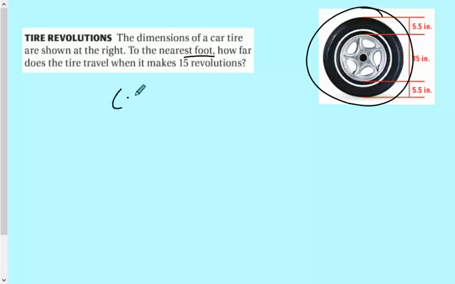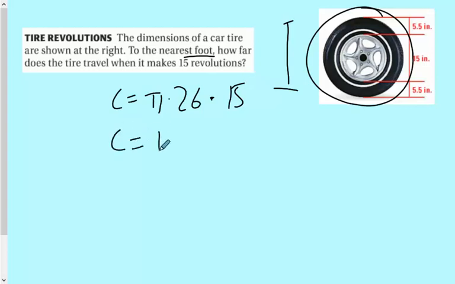Circumference equals pi times the diameter, and if I add up those lengths, the diameter is 11 plus 15, which is 26. Then I'm going to take this answer and multiply it by 15 revolutions. So 26 times pi times 15, I end up with 1,225.22. I'm just going to leave it as that there.